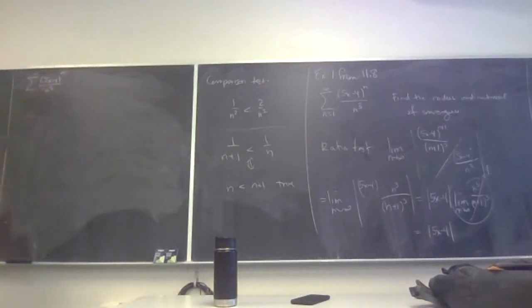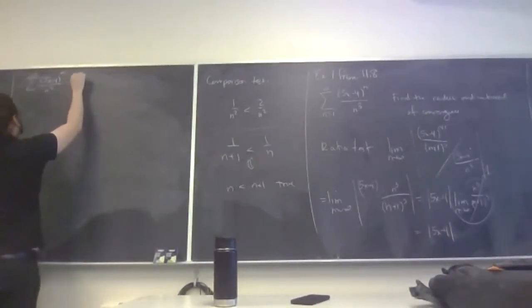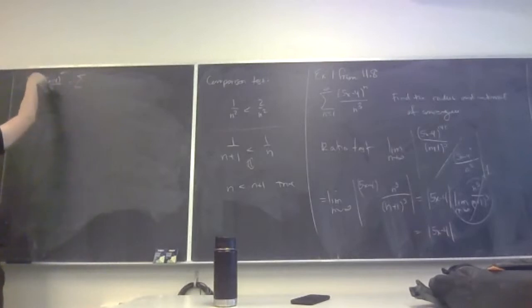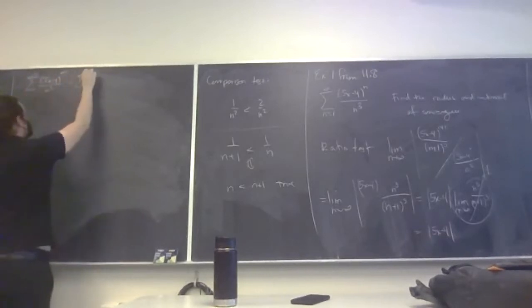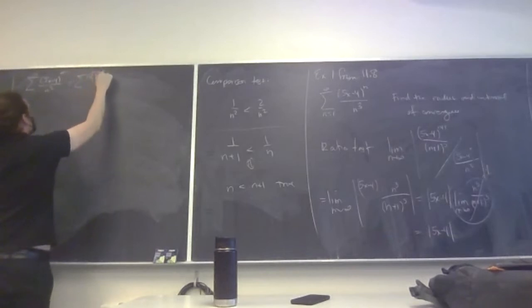because it's not x minus a to the n, but I could put it into the form x minus a to the n. So if I was trying to put this in standard form, I might factor the 5 out. So I would get 1/5 to the n times x minus 4/5 to the n over n to the third.